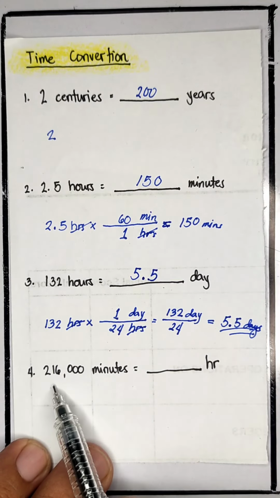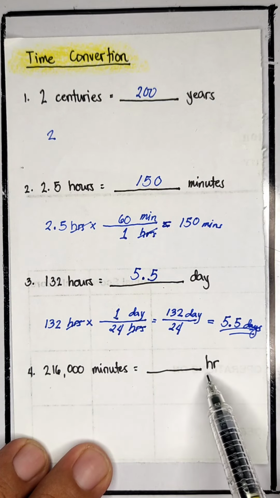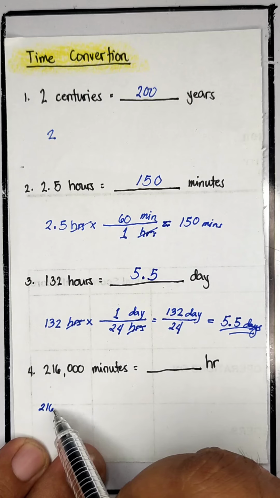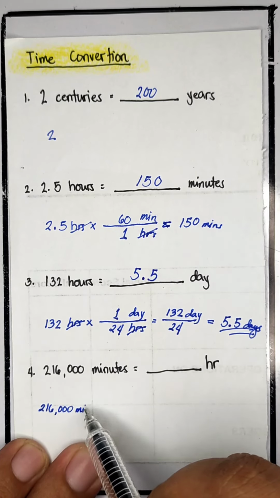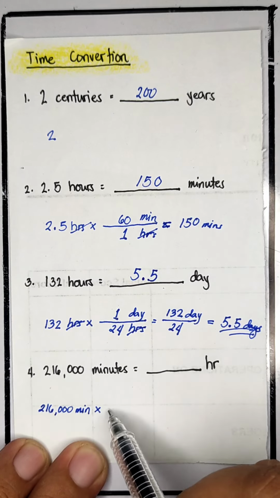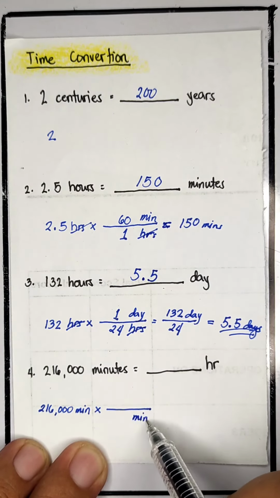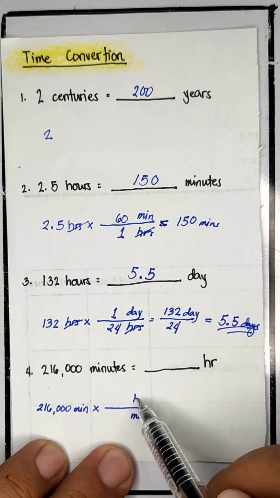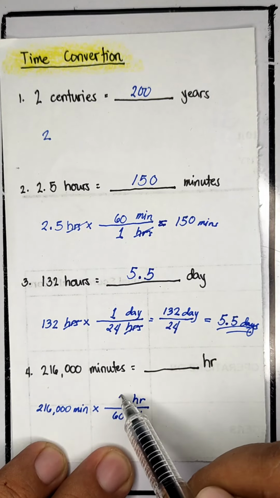Next, 216,000 minutes in hours. 216,000 minutes times 1 hour per 60 minutes.